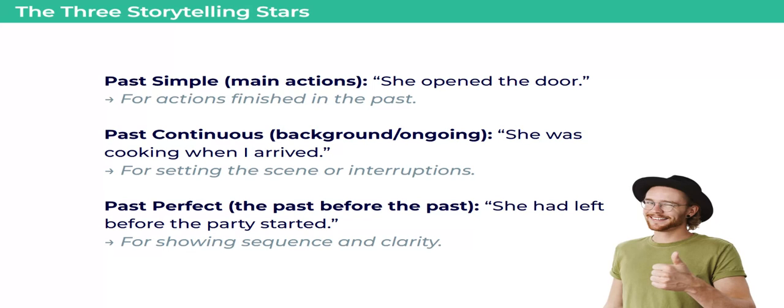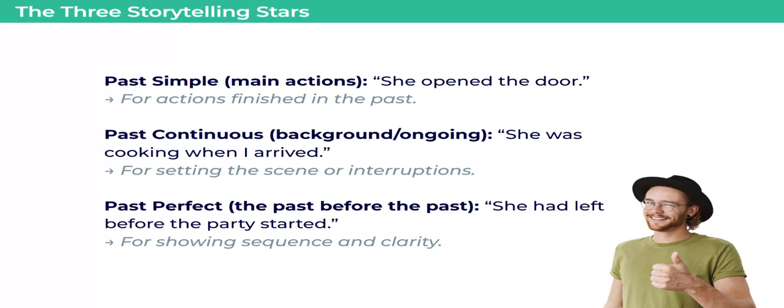The third storytelling verb tense star is the past perfect. This refers to the past before the past. So the past before the completed moment in the past. She had left before the party started.